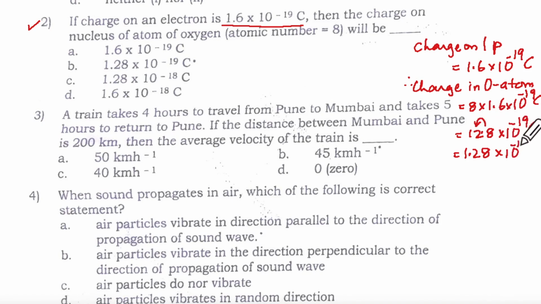So 10 to the power minus 18 coulomb. So which is the correct one? If you would not have done this on your own, just be honest enough and write 0. And then you have to review and revise this. Take care.